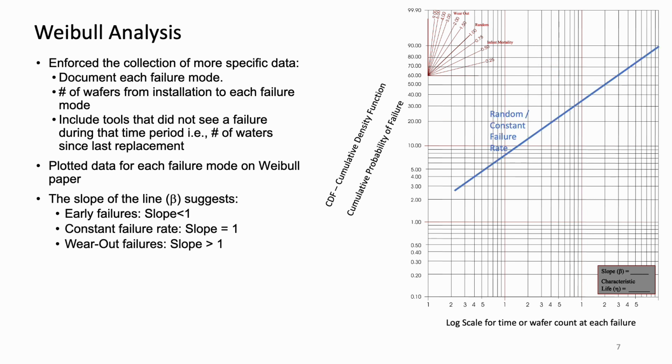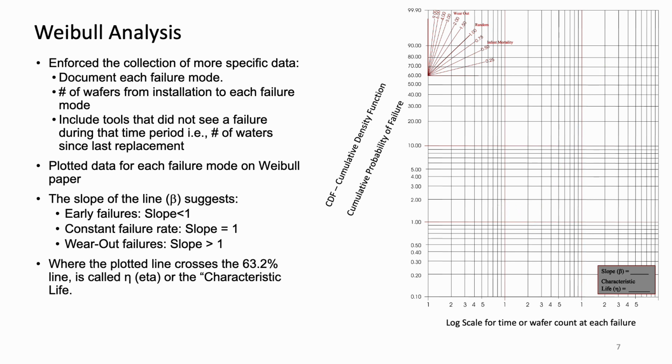If there's a constant failure rate where the slope is equal to 1, the failures occur randomly, often the case with purely electronic components. And then finally, wear-out failures are ones where the slope is greater than 1, so it performs really well for a considerable period of time, and then it goes bad pretty quickly.